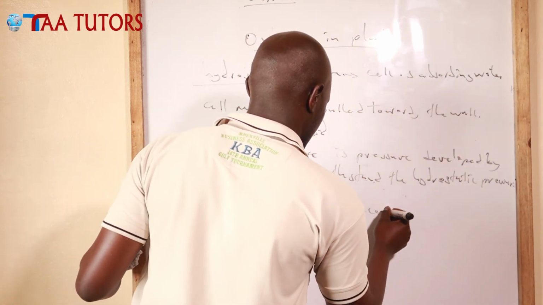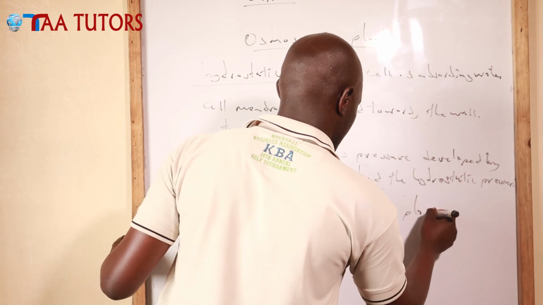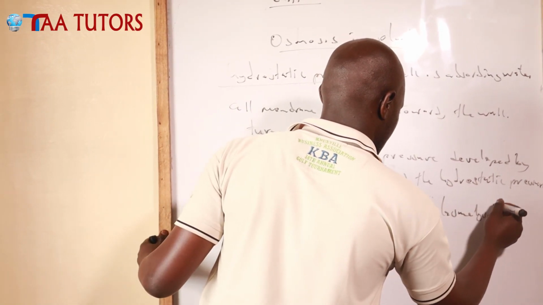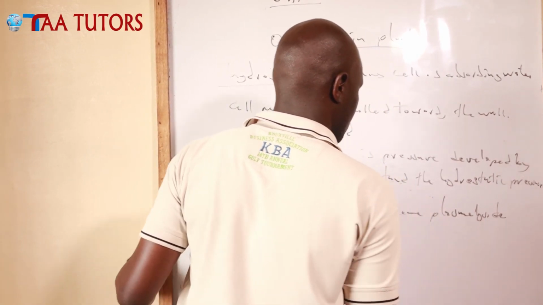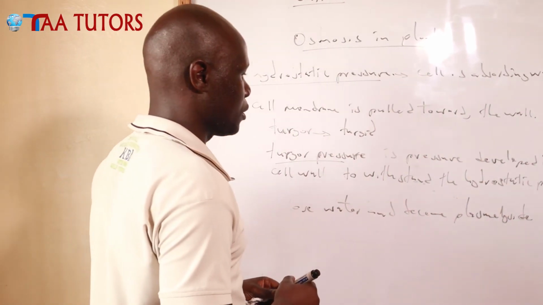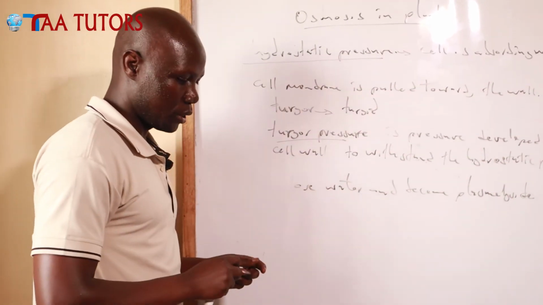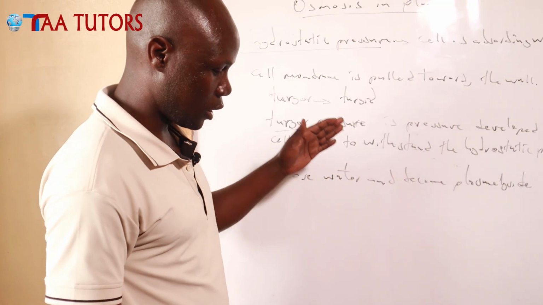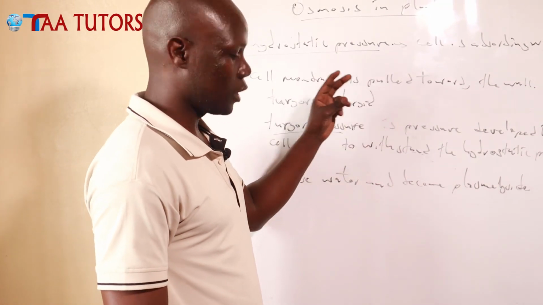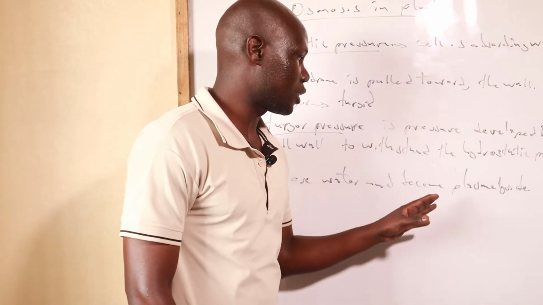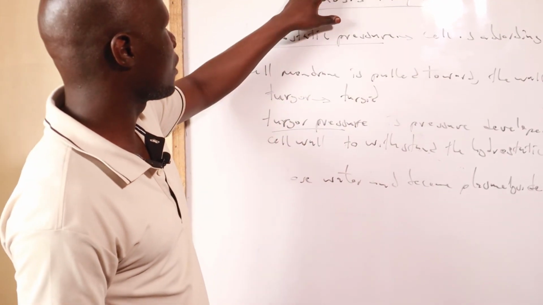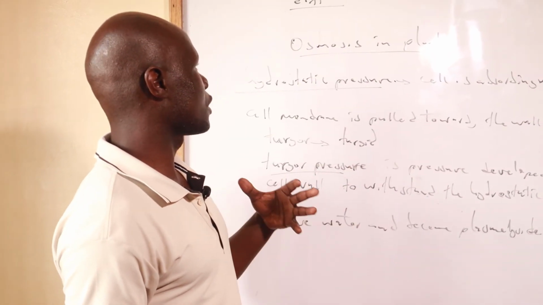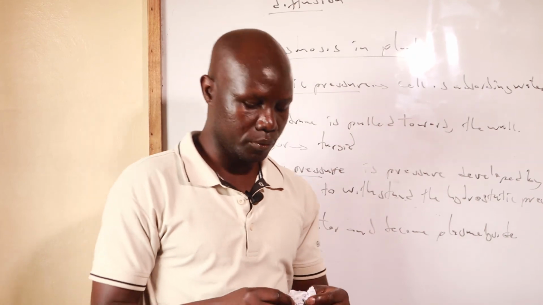So it is very important for these processes to be regulated in the cell, so that the cell has a clear functioning shape that it needs to retain all the time. So that is what we should be understanding by osmosis as a special case of diffusion. Thank you.